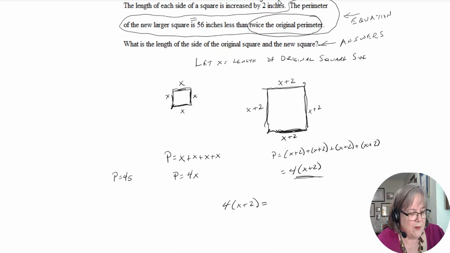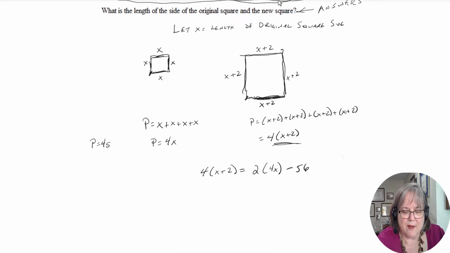So I start with twice the original, so it's 2 times 4x, which is the original, minus 56, right? The perimeter of the new larger square, that's 4 times x plus 2, is 56 less than twice the original. Okay, I kind of think that's right.